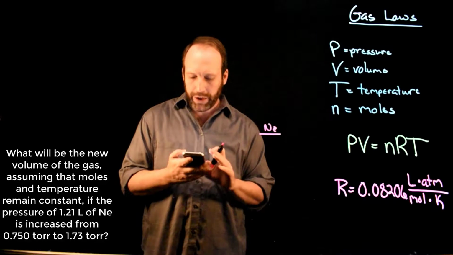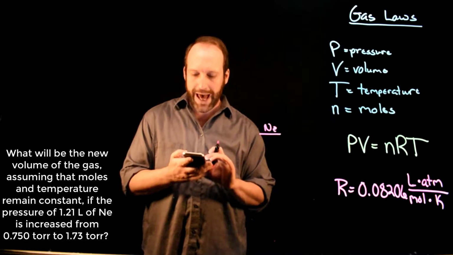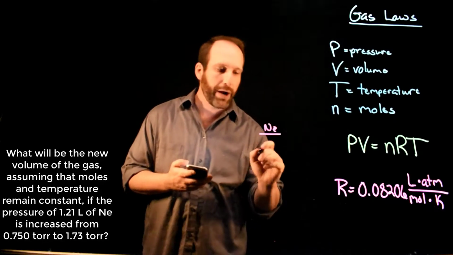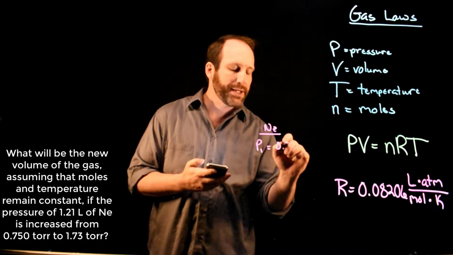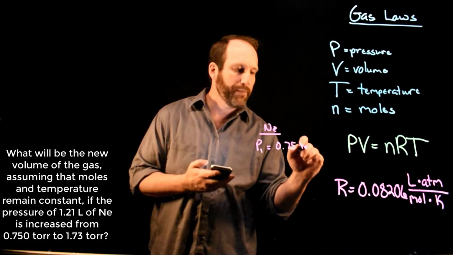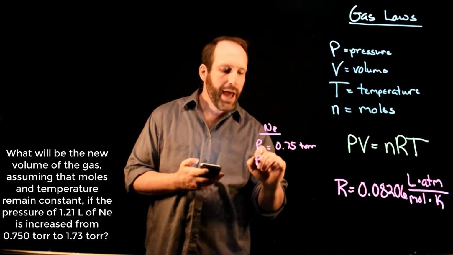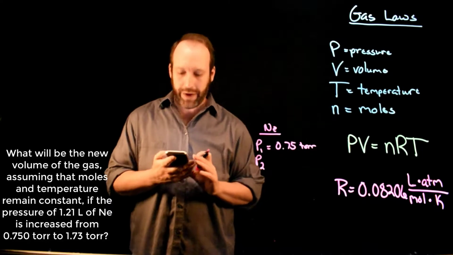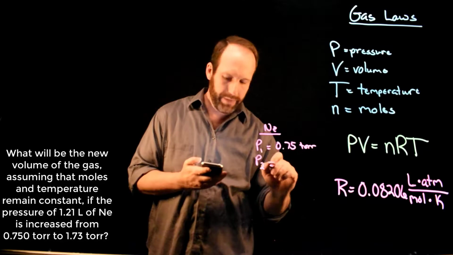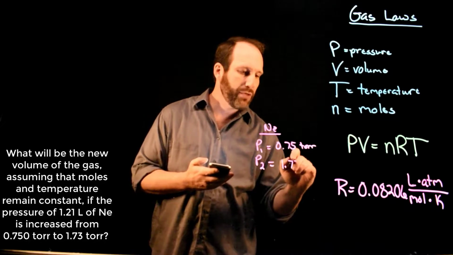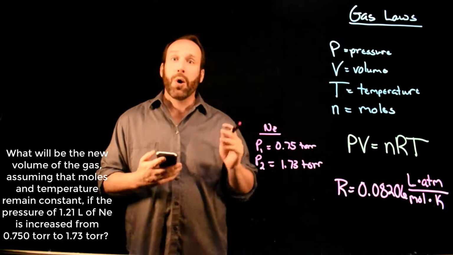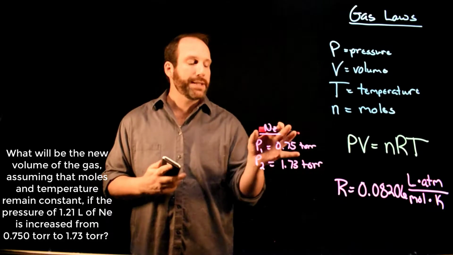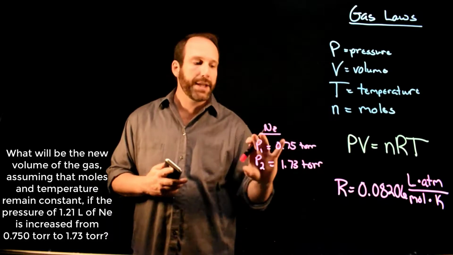One thing that we're told is that we've got two pressures. We have an initial pressure, a P1, of 0.75 torr. And we're told that that pressure is increased up to 1.73 torr.